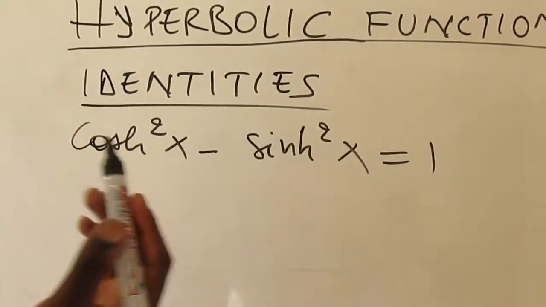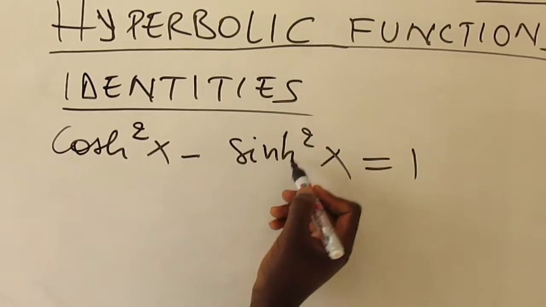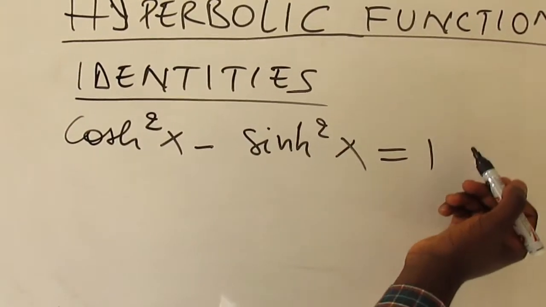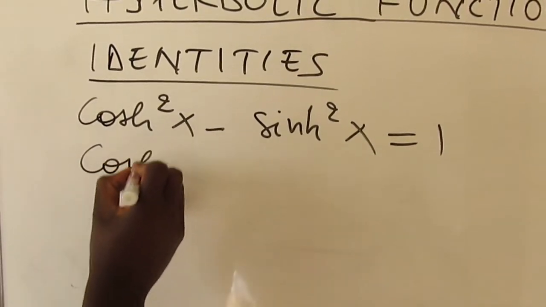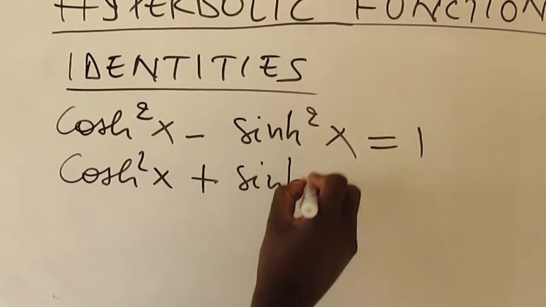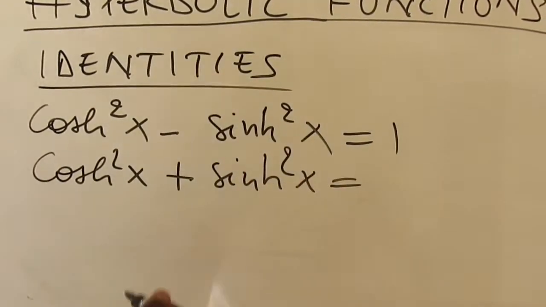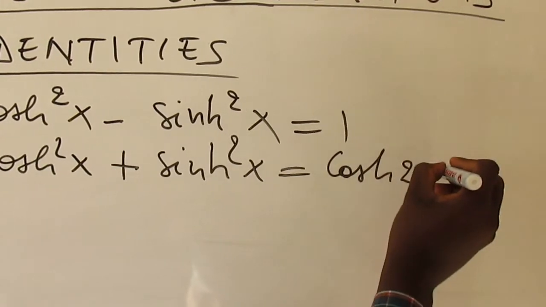But here in hyperbolic, it's cosh squared minus sinh squared, which gives us 1. Don't forget this. But when you take cosh squared of x plus sinh squared of x, this is not going to give you 1. It will give you cosh of 2x.